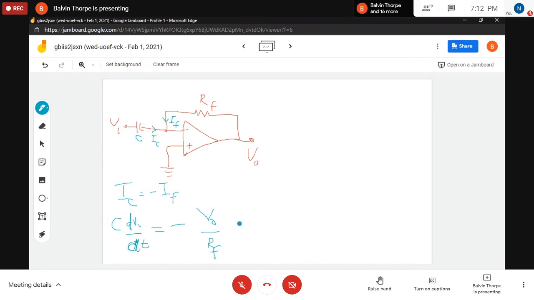So from this expression, how do we find the output voltage? Pretty easy this time, right? Yes, sir, just transpose. So VO is going to equal, cross multiply, minus RF times C, times what? dV over dt of the input voltage with respect to time.